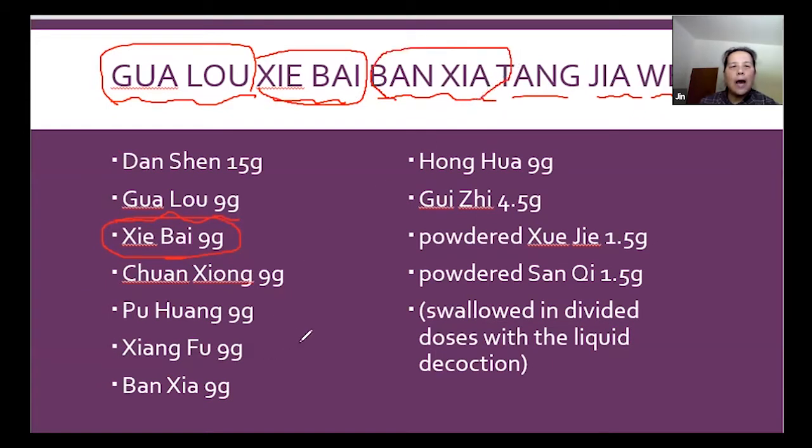Thus we say yang qi deficiency always has some phlegm retention there. So those are mainly the king herbs here.